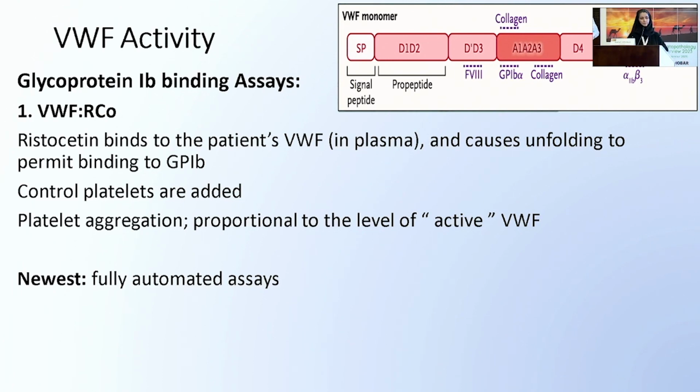It is originally an antibiotic that binds to the patient's VWF in plasma and causes unfolding to permit binding to glycoprotein 1b. And then we add control platelets and platelet aggregation that is proportional now to the function or activity of VWF are recorded. Now we have fully automated assays, and this is what we're currently doing at King Fahd Medical City.